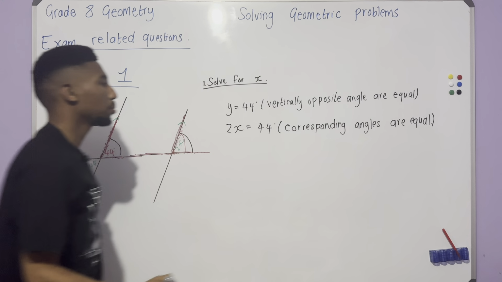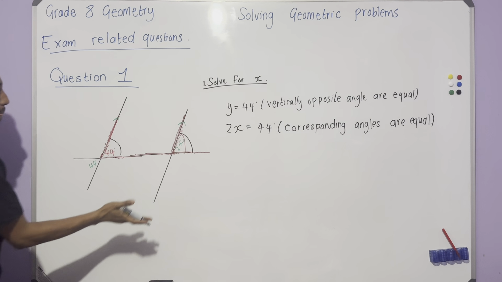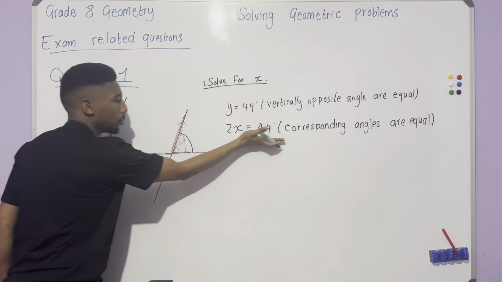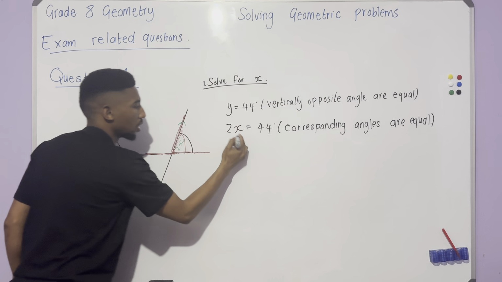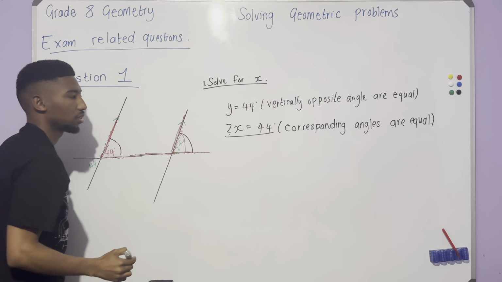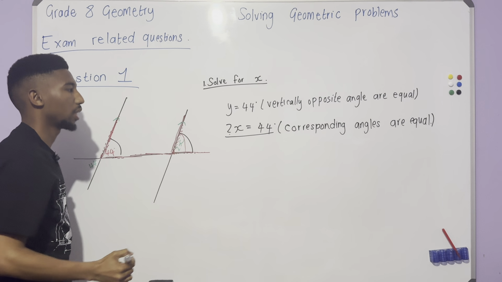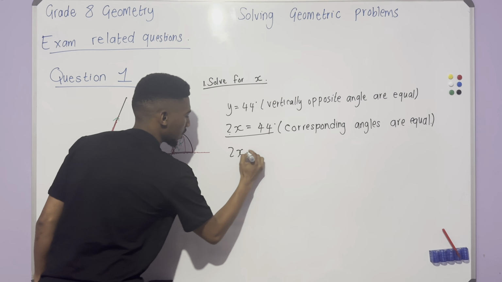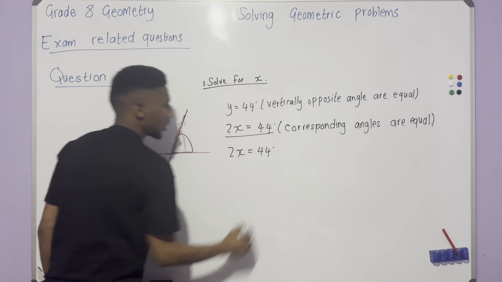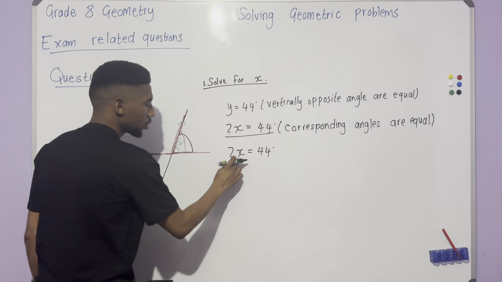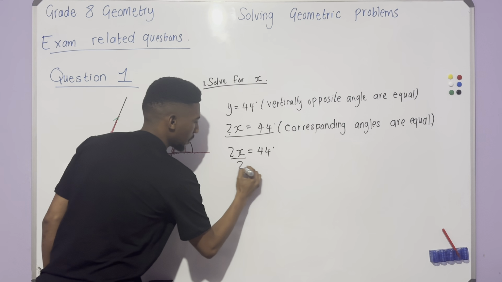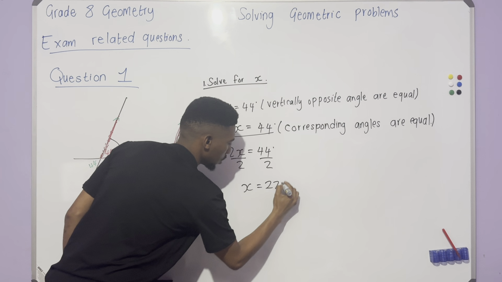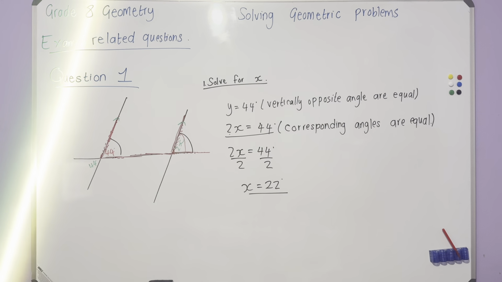Okay, and from these reasons there, we have an equation. So that's 2x is equal to 44, and we have to solve for x within that equation. So we have 2x equals 44 degrees, and then to solve for x, we're going to divide by 2 on both sides. x is equal to 22 degrees.